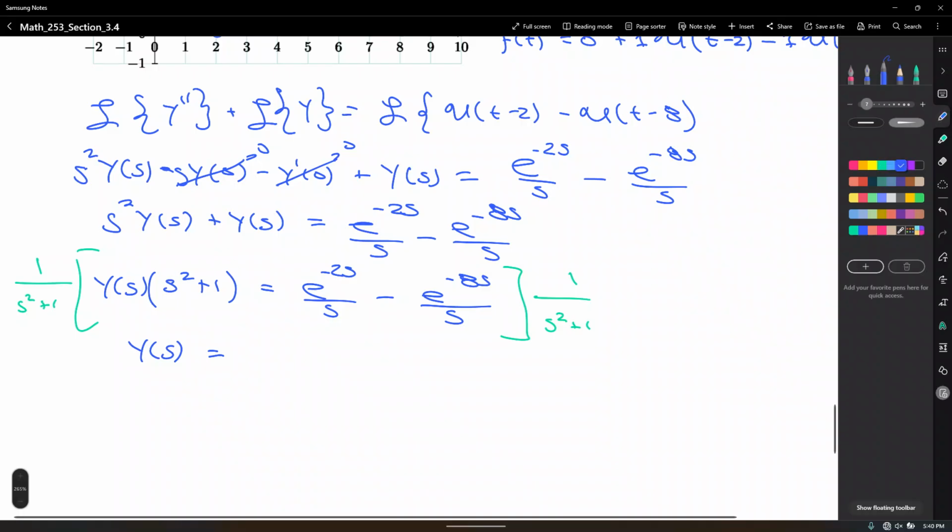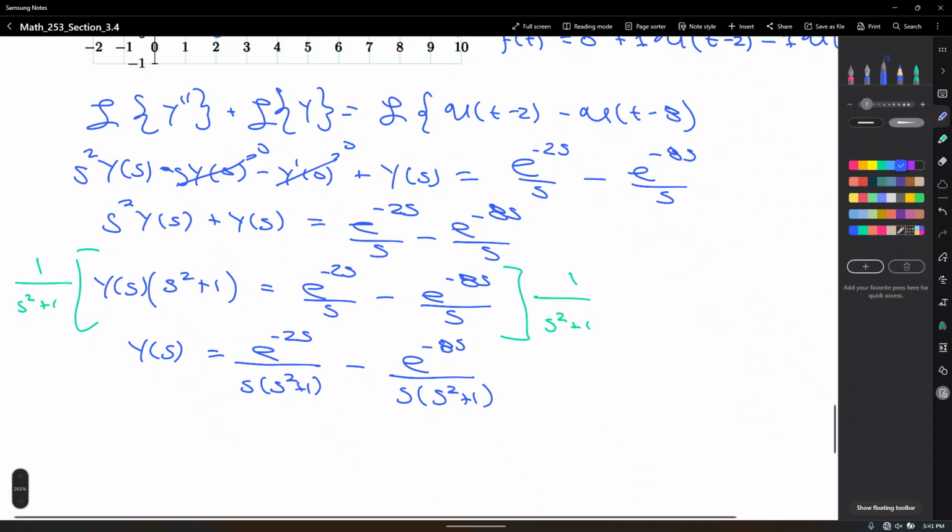Here we have e to the negative 2s over s times s squared plus 1, minus e to the negative 8s over s times s squared plus 1.